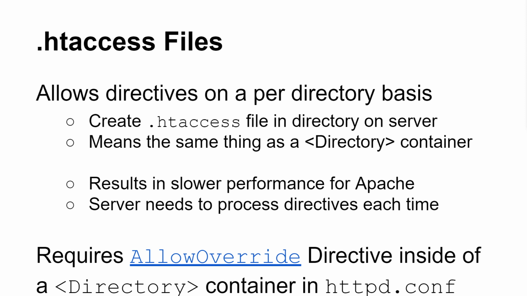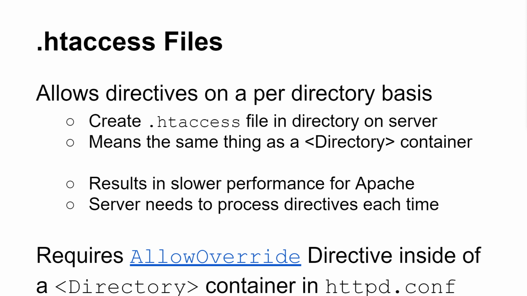You have to specify that it is okay to do that. The good part about using htaccess, again, is that it means content creators can create their own options and permissions for files inside of their content.